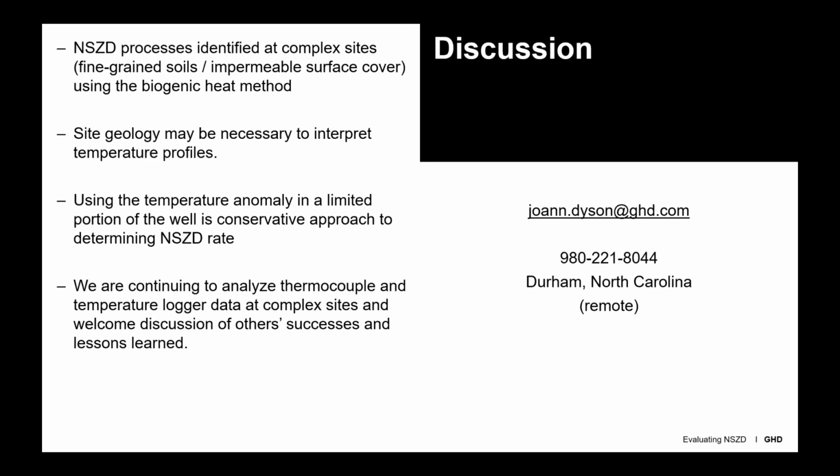Sometimes we think that, but as you could see in that one well, using just one portion of the temperature profile would lead to the same result as using the rest of it, because we're looking at the slopes. That's the important part of the profile: you need the slope. It's not necessarily how long it is.